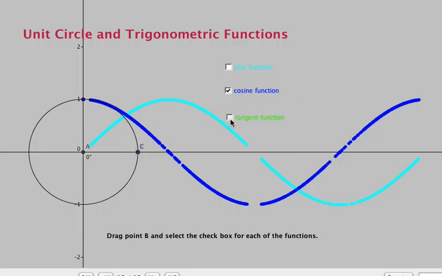Alright, so how might we think our tangent graph is going to look? So again, our angle is going to start here. We know that tan is positive in our first quadrant and our third quadrant. So we know from 0 to 90 degrees we're going to have a positive looking graph.